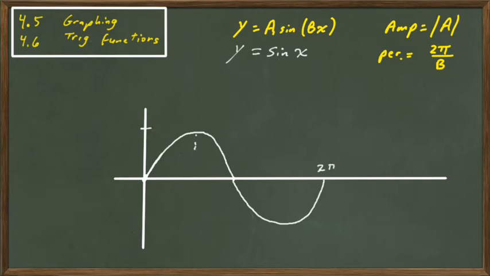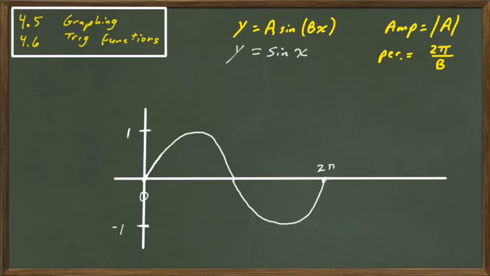The absolute value of 1 makes this 1. The amplitude is 1. The period is 2 pi over b. B again is 1. What's 2 pi over 1? 2 pi. So it finishes the cycle in 2 pi.